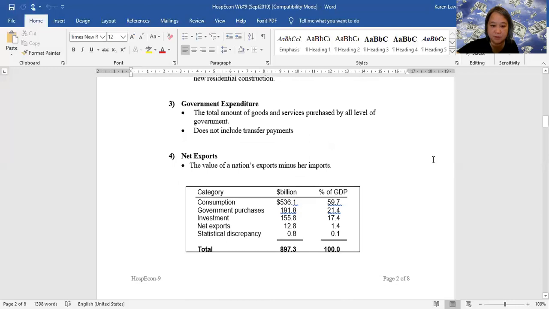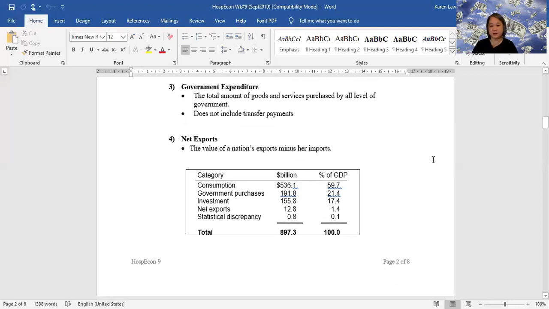So what you have here is net exports, and that is the value of the nation's exports minus its imports. So what you have here is consumption, government purchases, investment spending, net exports, and that is an example of how we calculate GDP from the expenditure side.